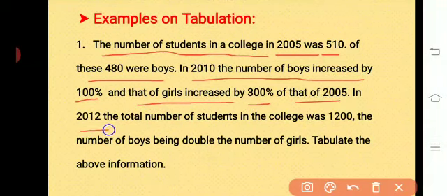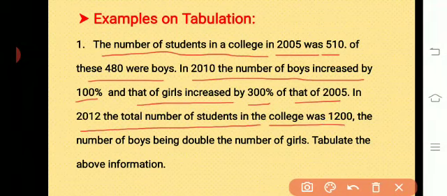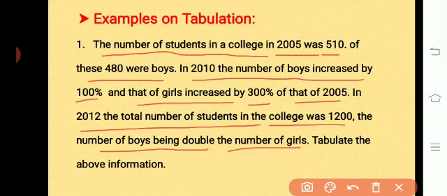In 2012, the total number of students in the college was 1200, the number of boys being double the number of girls. Tabulate the above information. So this information we will write in a tabular form.